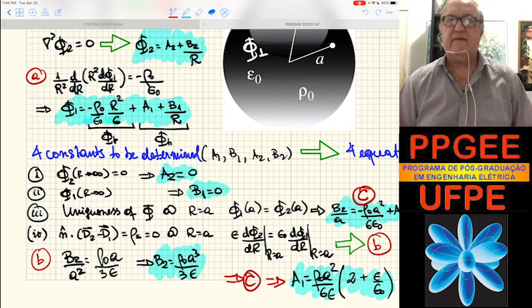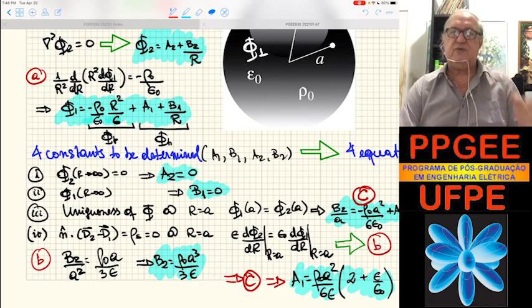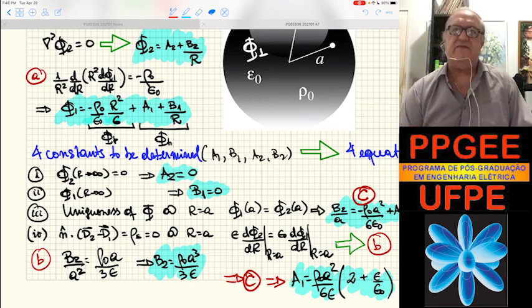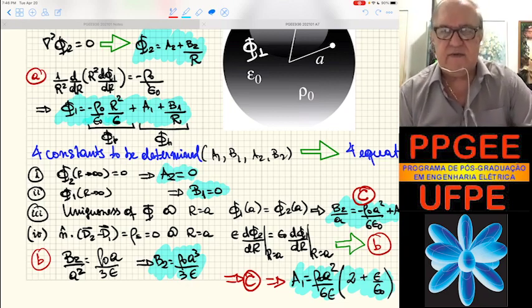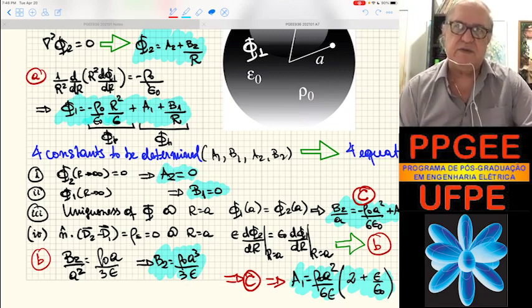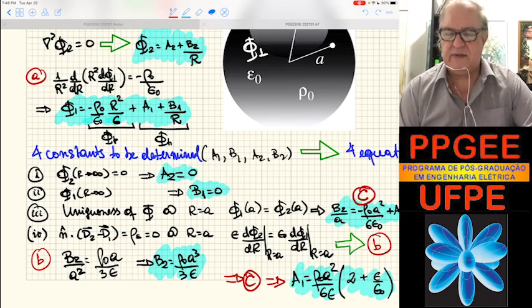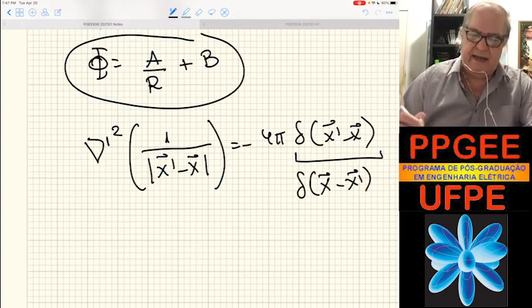And the 4th condition has to do with the boundary conditions for the E field and for the displacement vector, right? E field means that tangential E is continuous. That is a direct consequence of the fact that potential is continuous. So tangential E being continuous doesn't give any additional information.